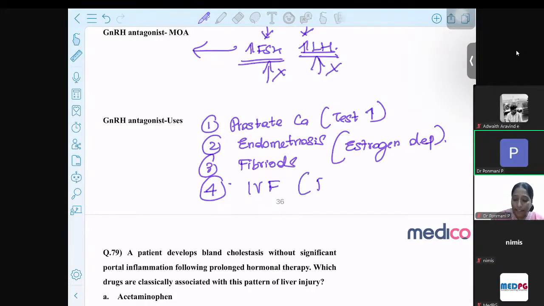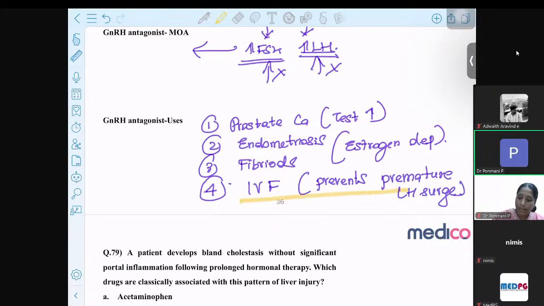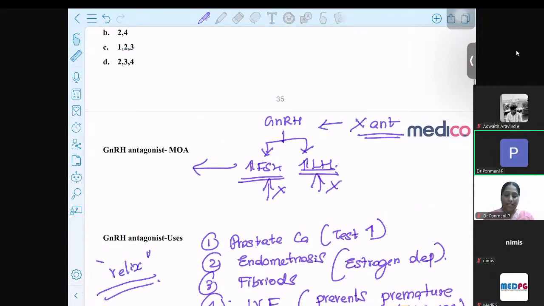Why? It prevents the premature LH surge. This is the reason why it is used in IVF. So these are the 4 uses of GnRH antagonist. Ganirelix, cetrorelix, all the drugs which end with relix come under GnRH antagonist.